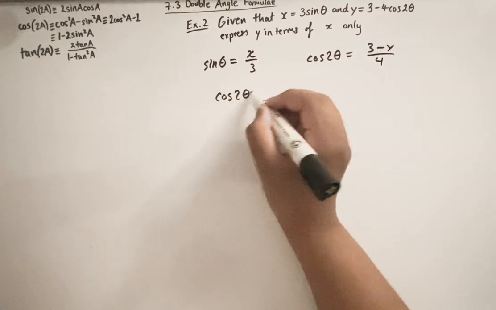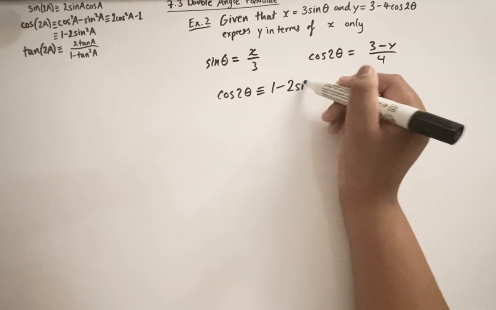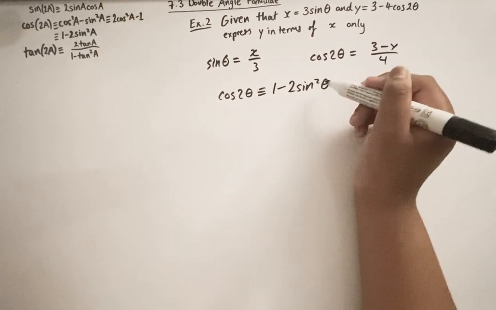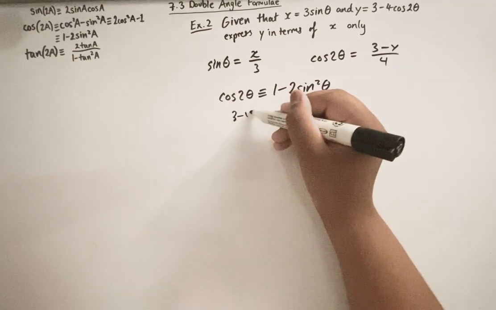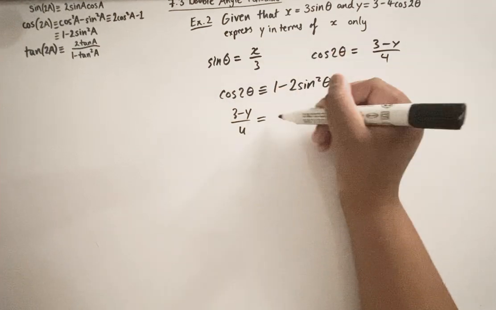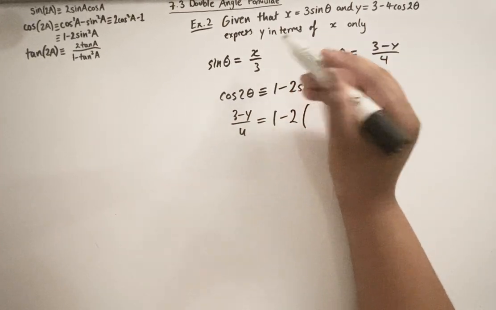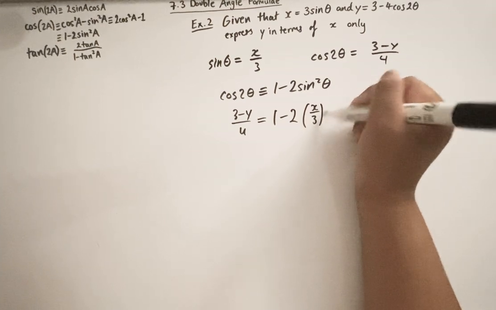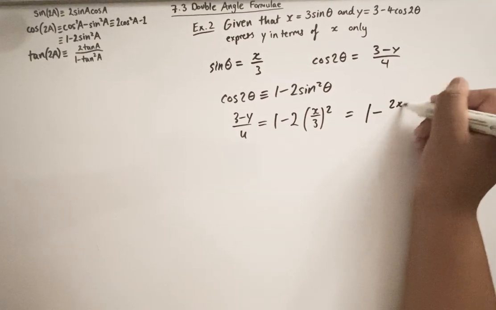Cos of 2 theta is the same thing as 1 minus 2 sine squared theta. And so we can rewrite this as 3 minus y over 4, which is cos of 2 theta, is the same thing as 1 minus 2 times sine theta squared, which is x over 3 squared, which is 1 minus 2x squared over 9.